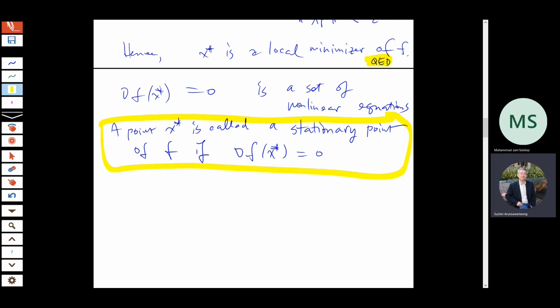If we can ensure that the cost function is reduced in every iteration, then it's unlikely that the algorithm will converge to a maximum point, right? No, it cannot be. It can converge either to a local minimizer or what we call a saddle point.